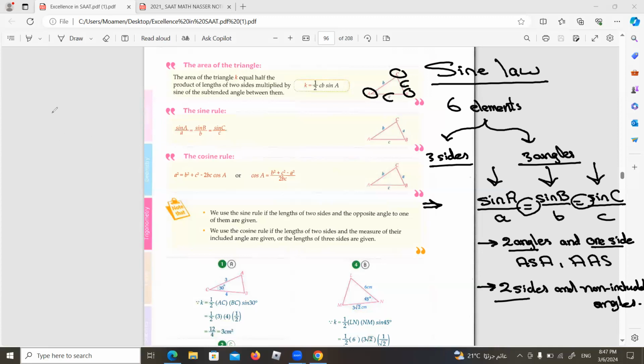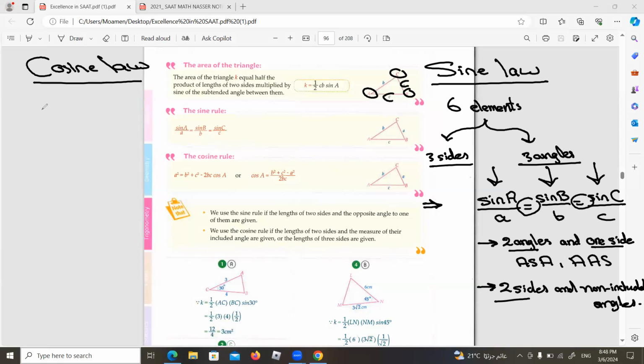The third idea here, we'll talk about the cosine law. In the cosine law, we have two laws: the law to find the side and the law to find the angle. If the angle is missing, we will use one rule. If the side is missing, we use another rule. What is the rule to find the missing angle? Pay attention with me.